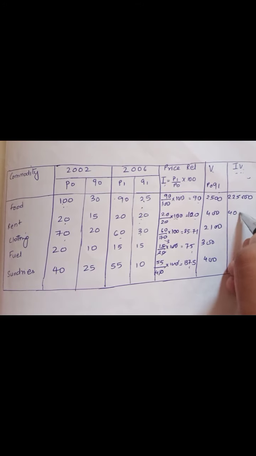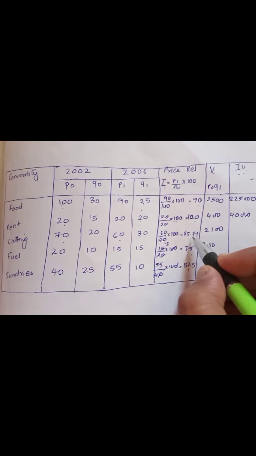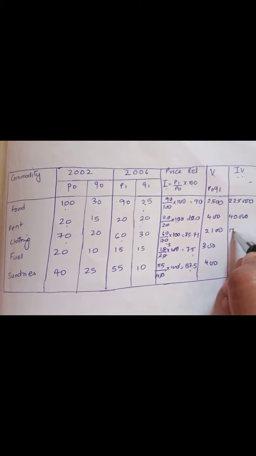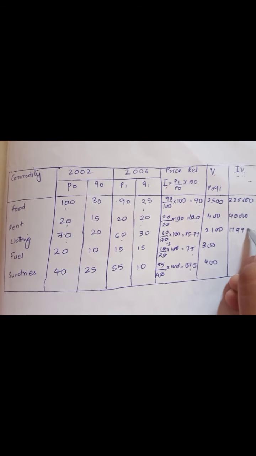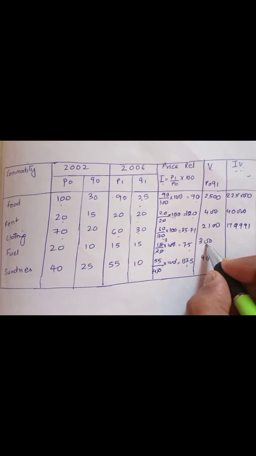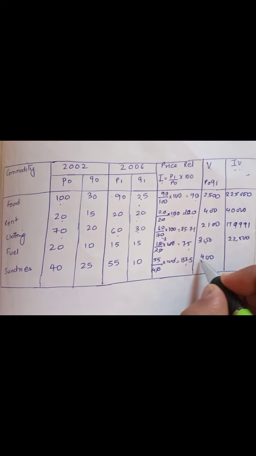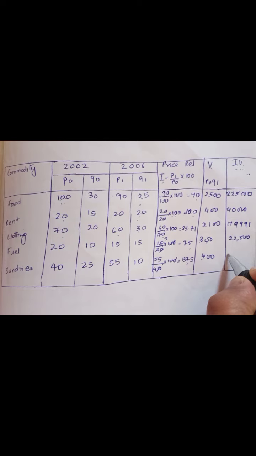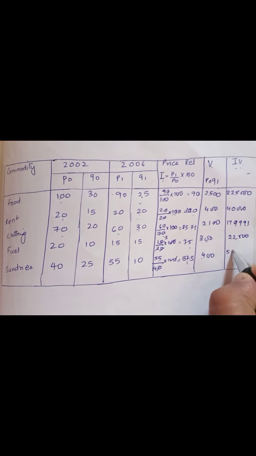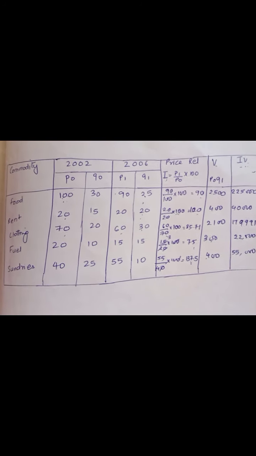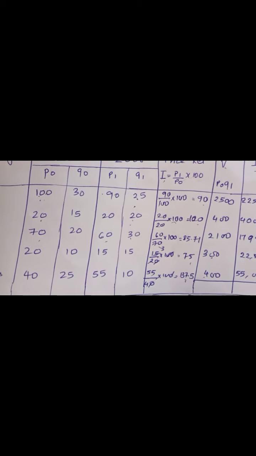This will give you 40,000. This will give you 179,991. 300 into 75 will give you 22,500. 400 into 137.5 will give you 55,000.